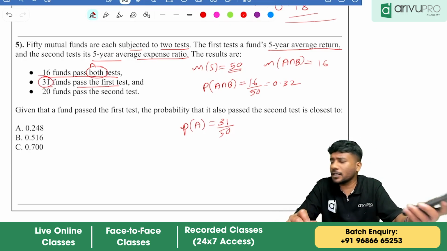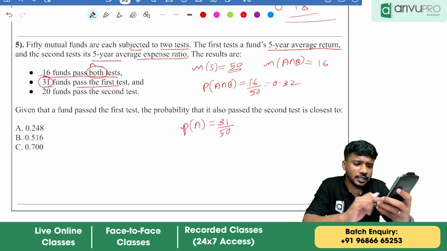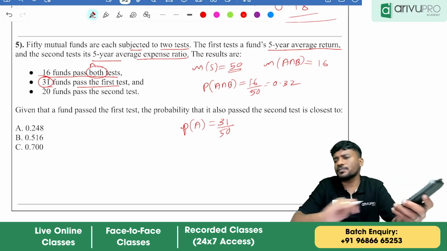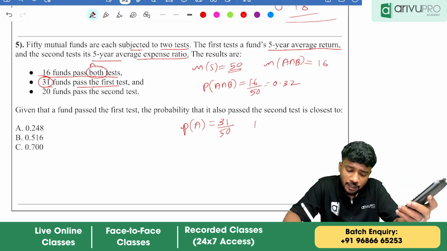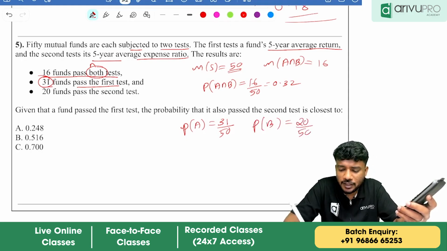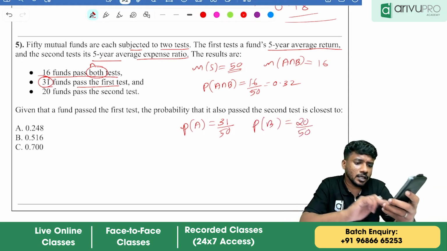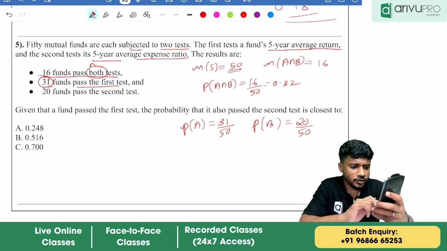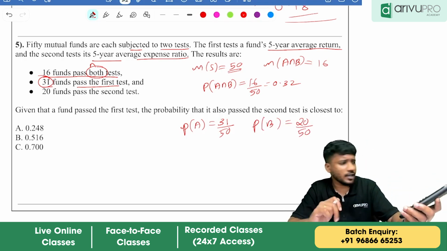So 31 divided by 50, click equal to, then store it in 2. Then P of B, the second test, is 20 divided by 50. Click equal to and store it in 3. You will get some value for that also.